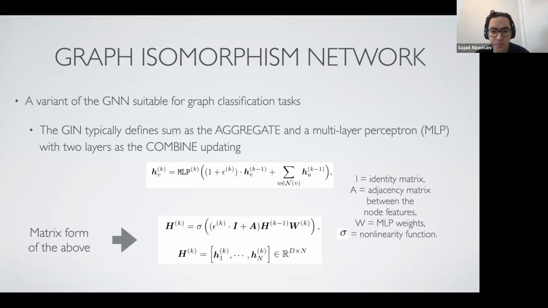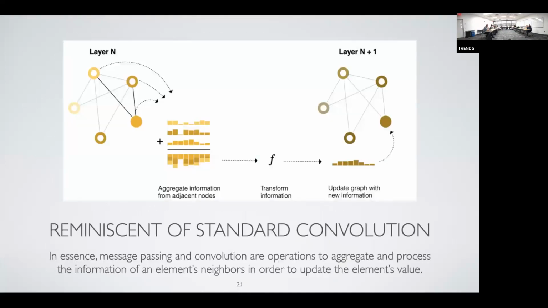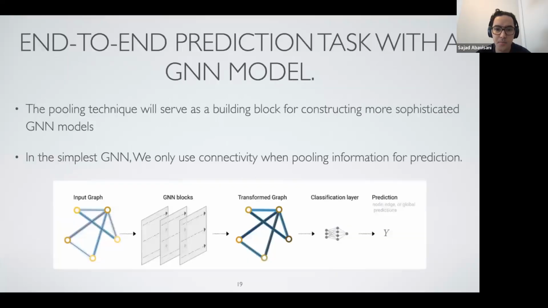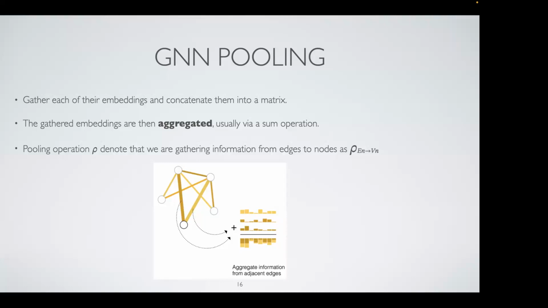Combine. Yeah, like you have the word combine there. I think that's what Ibrahim was asking. So here, this step is called aggregate, where you aggregate information from edges. Then you combine this summation for all of the nodes.